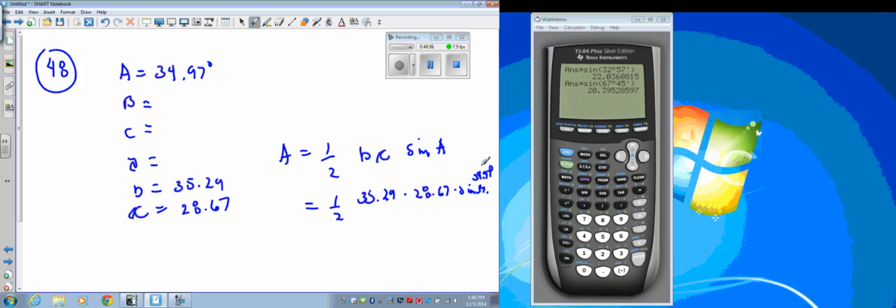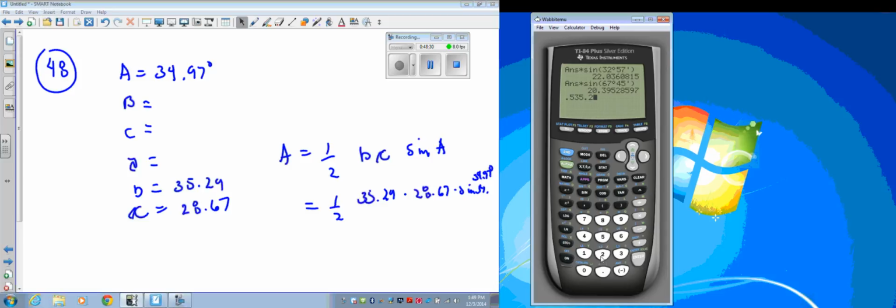And we just put that in the calculator. So I'm just going to put it in as 0.5, and that'll be accurate because it's a terminating decimal.